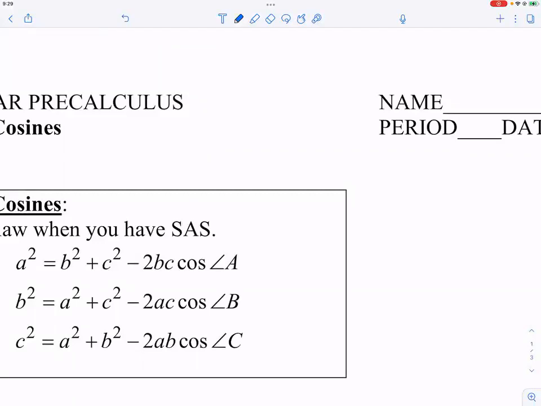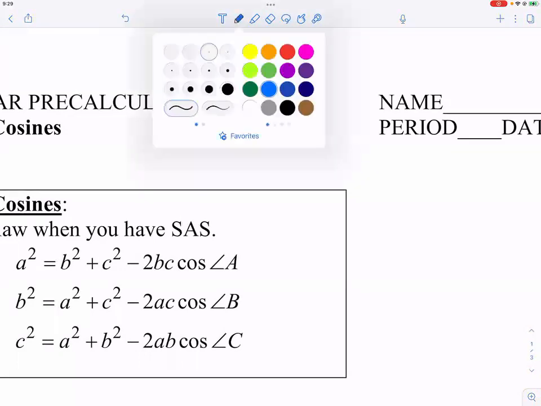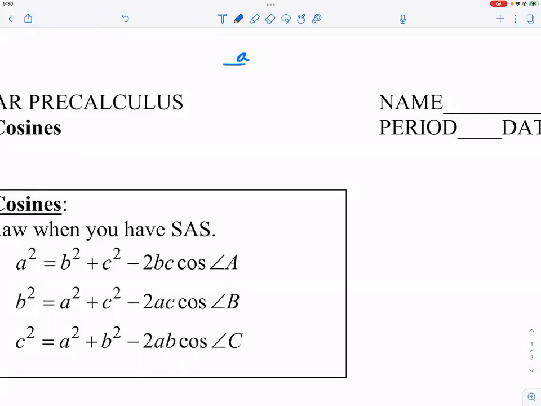I can give you a start. A over sine A, B over sine B, and C over sine C.